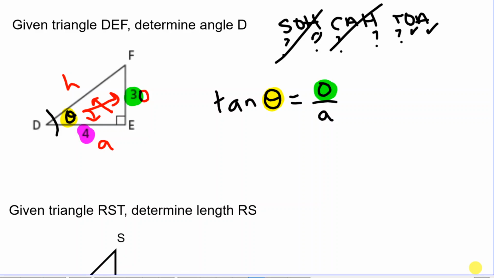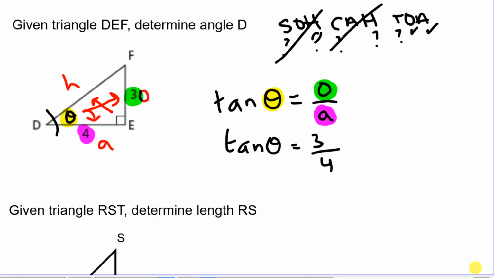I know the adjacent length. I'm going to plug in those values I know. So tangent of angle theta, again, this is just saying what's the comparison? What kind of angle tells me that if I have an opposite length of 3 and adjacent length of 4, what kind of angle creates that ratio where the opposite is 3/4 of the adjacent?